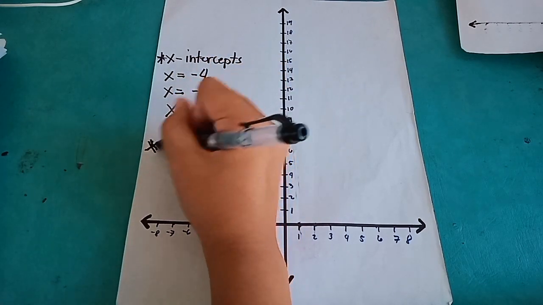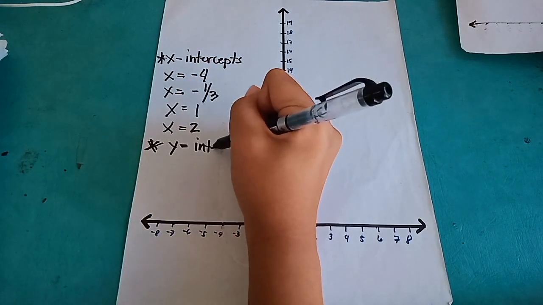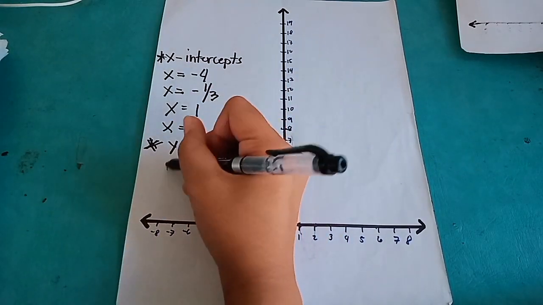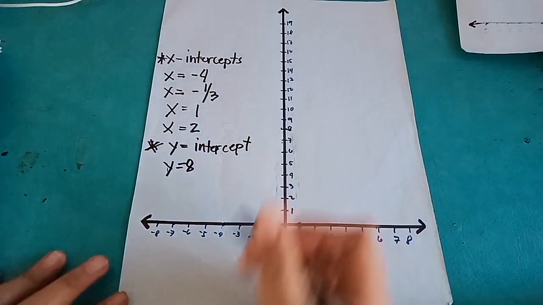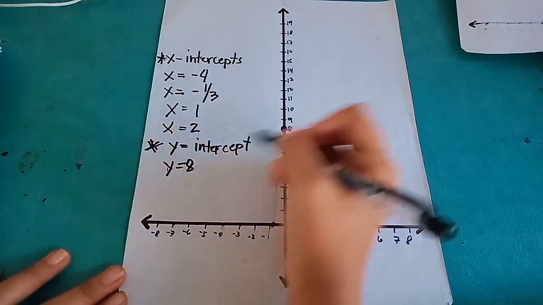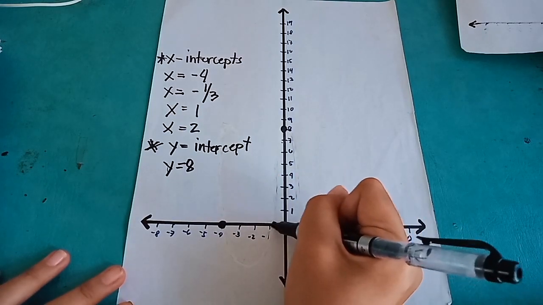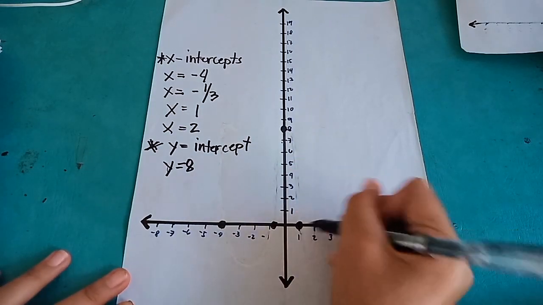We also identified the y-intercept. So this is y is equal to 8. So let's graph 8. So negative 4, negative 1/3, 1, and 2.